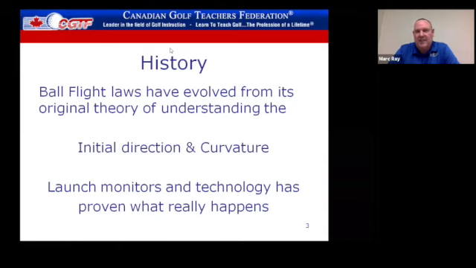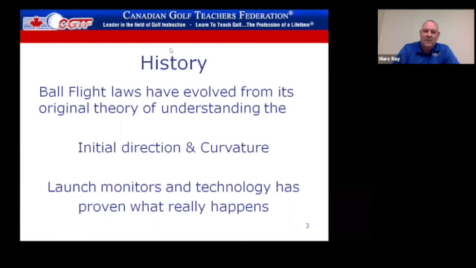They basically said at the time that the hands create the path, which creates the initial direction, and the club face creates the curvature. And what we've learned is that it's more complex than just where your hands are and where the club face is.